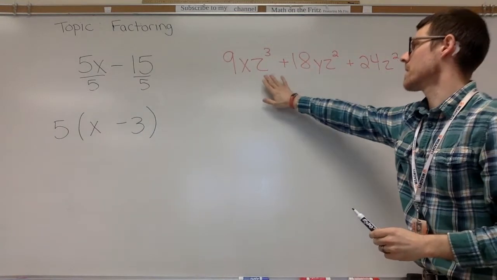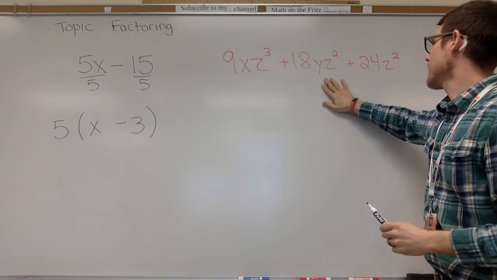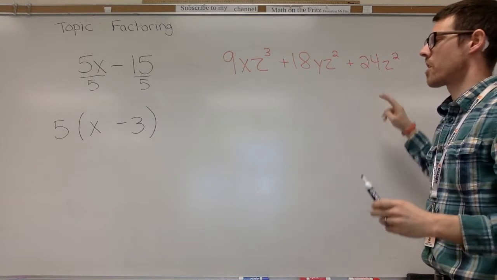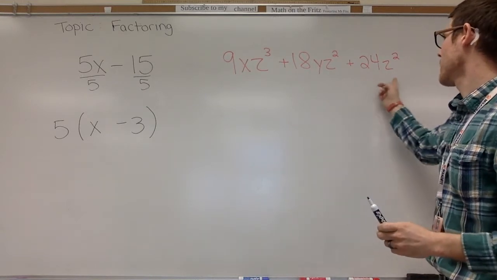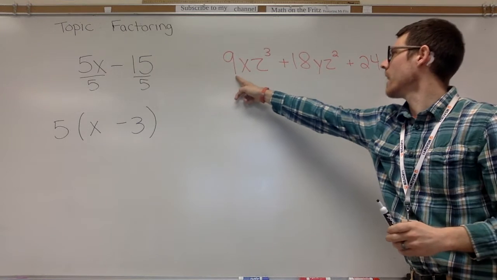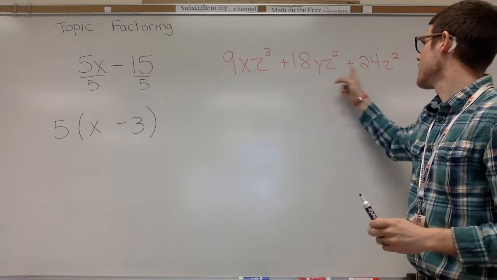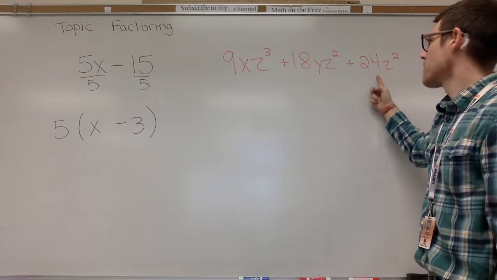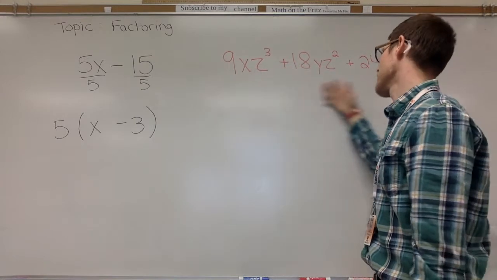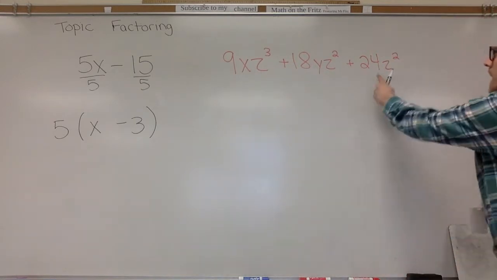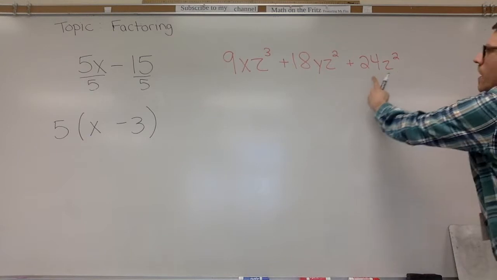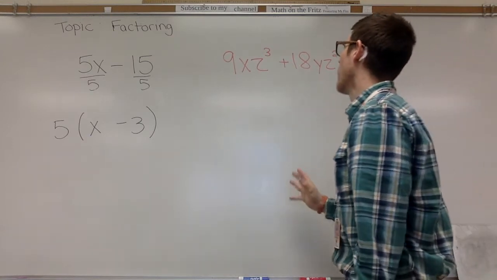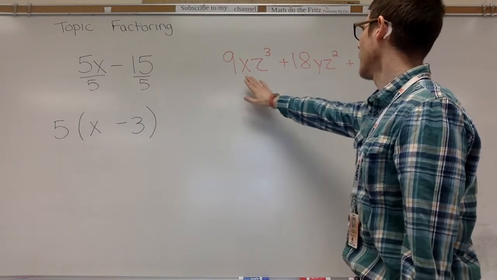When I come over to an example like this, I see that it's a little harder to pull out what's common because when I look at my smallest coefficient of 9, 9 doesn't divide into 24. So I can't just pick the smallest number and say divide everything by 9. 9 won't come out of this number. So I've got to now look at, okay, what other numbers could I divide this by?